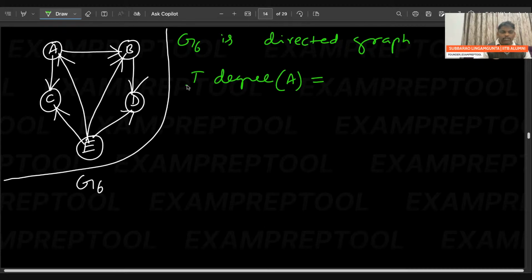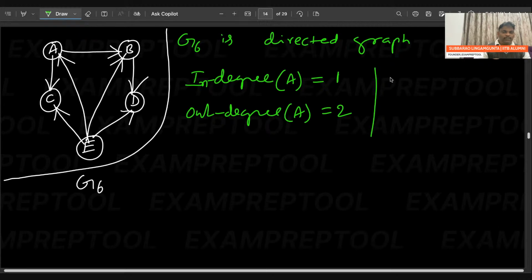People are coming or going. Going is called out degree. Coming is called in degree. Inside A, how many people are coming? Only one. Outside A, how many going? Two.